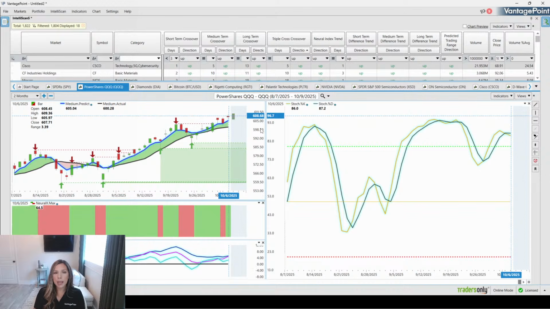So when we have the downward pressure from resistance happening, the only way to break through that would be to have good momentum and good volume backing that trend and good strength behind it. Well, we don't have a whole lot of strength coming in. And also you can see on stochastics, this is a great point here where we're actually losing momentum. We're starting to shift bearishly in momentum.